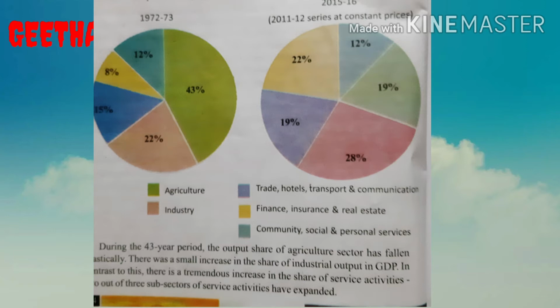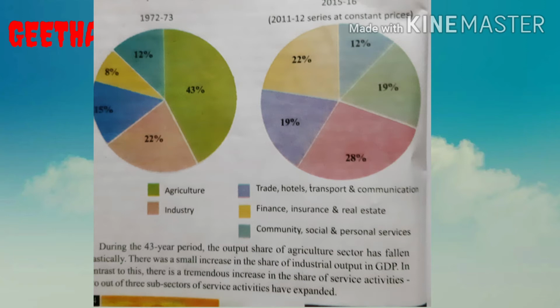Next you can see finance, insurance, real estate, light yellow color. In 1972-73, finance, insurance and real estate contributed 8% to the GDP. It has increased in 2015-16 to 22%.